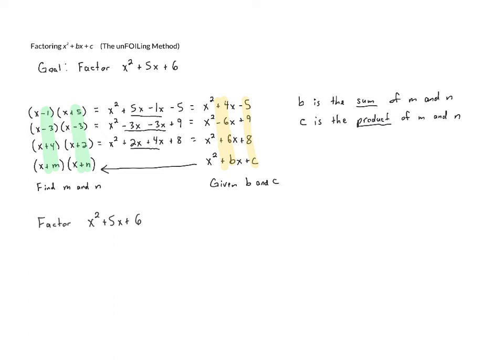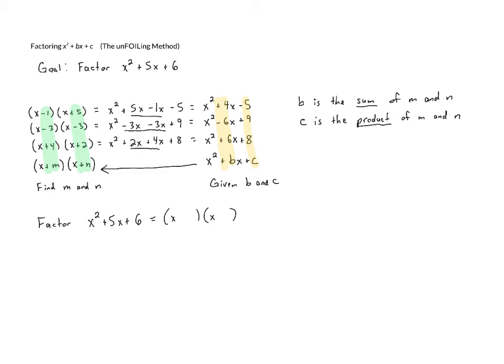Now this is in the form x squared plus bx plus c. So from our observations, we know that the factorization is going to be a product of two binomials that start with x. But what we need to do is find the constant terms that go in here, the m and the n.